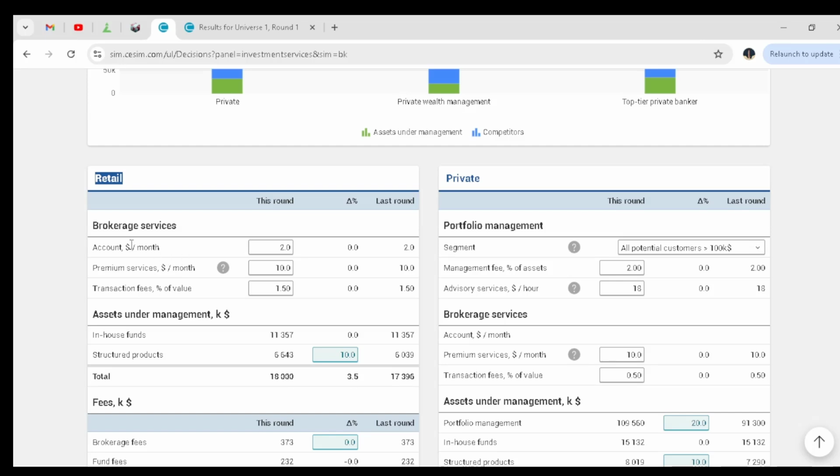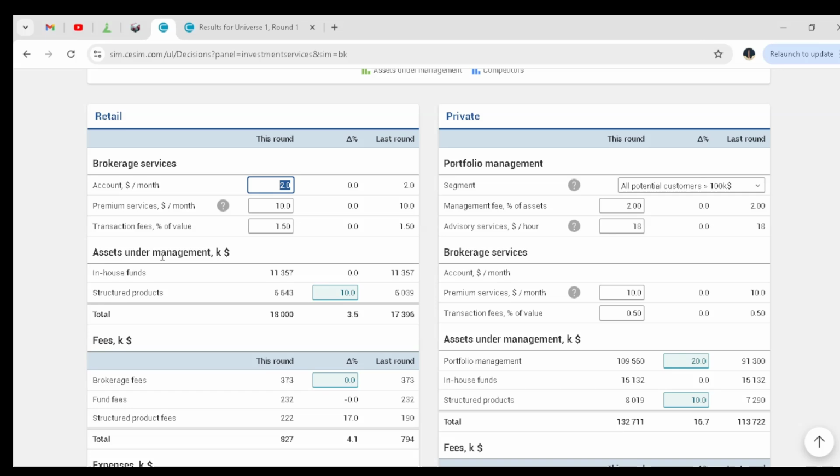Under the retail, we have the brokerage fees. And we shall just maintain the account at 2. Premium services, we shall maintain at 10. Transaction fees, we shall maintain at 1.50. Assets under management, we are just going to maintain the structured products at 10.